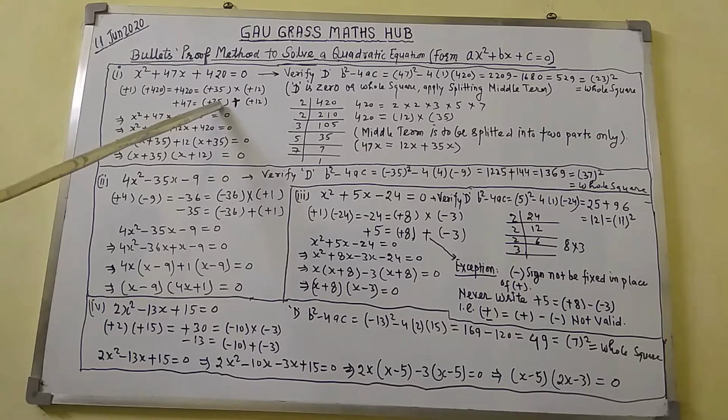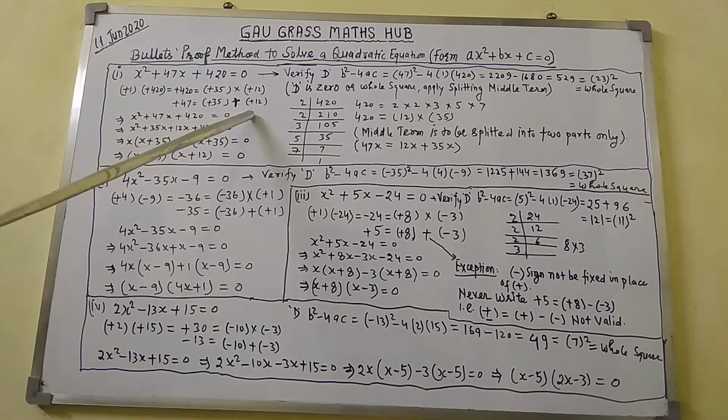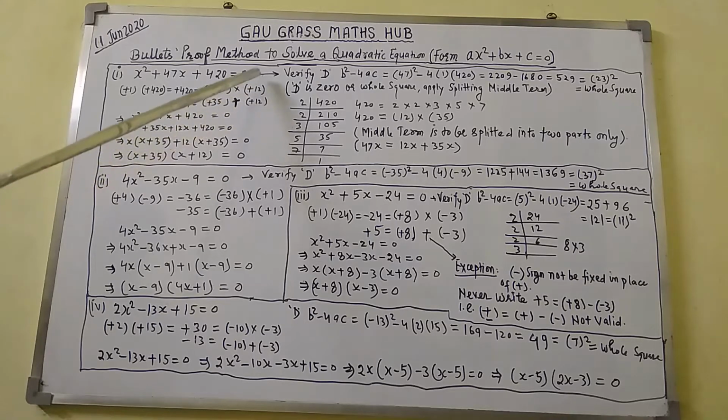Whatever digit with sign is reflected at this place, the same digit with sign will also be reflected here. In this vertical column, you can see in this box plus 35 is there, here also 35 will be there. Now in the second column, plus 12 is there, here also plus 12. Plus 12, plus 12, plus 35, plus 35.